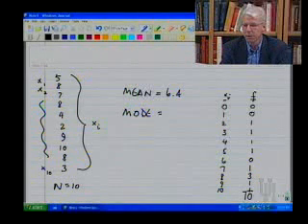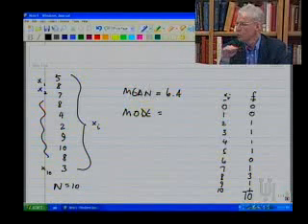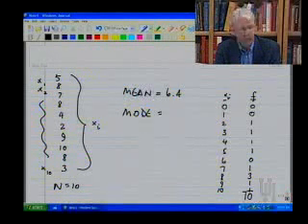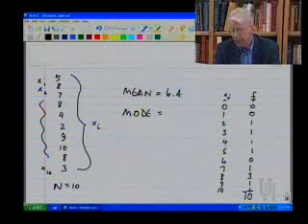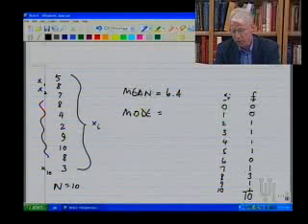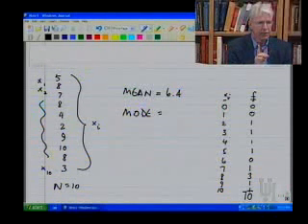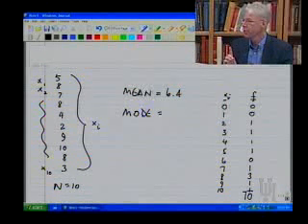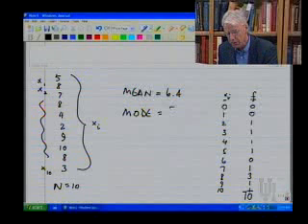In this distribution, one score occurs more frequently than any other score, would you agree? And that score is 8. It occurs 3 times and no other score occurs more than once. So first of all, this distribution has a single mode, and that mode is 8.